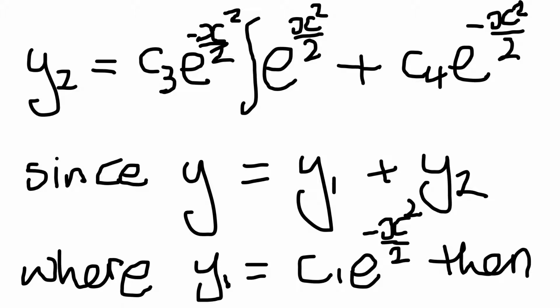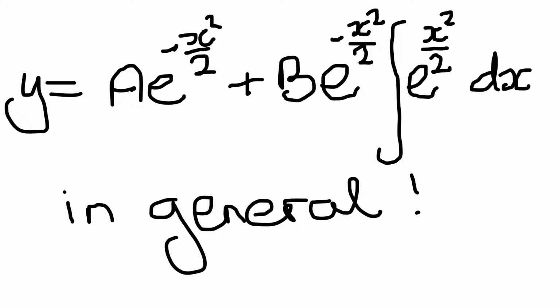The overall general solution is of the form y equals y1 plus y2, where y1 is equal to c1 e to the minus x squared over 2. So if we add our two linearly independent solutions together, we find that we have this general solution.